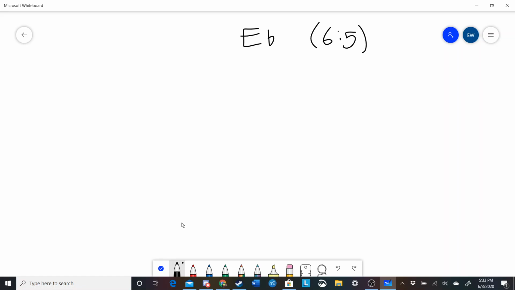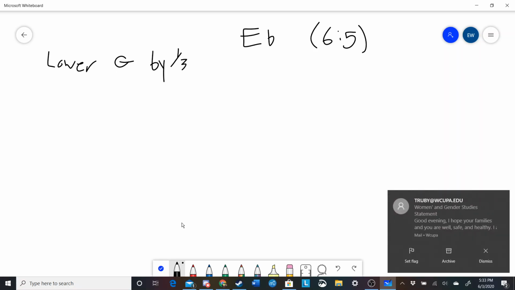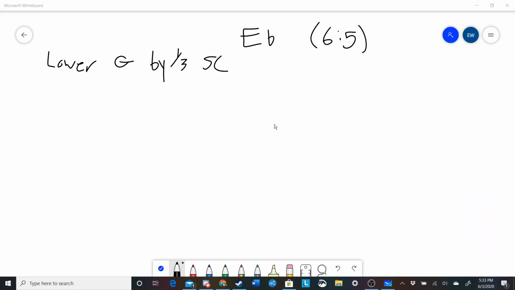We're going to lower the fifth by 1/3 of a syntonic comma. So we're going to lower G by 1/3 of an SC. So I'm just using G because C major is easy to talk about. So what would happen if we did this?